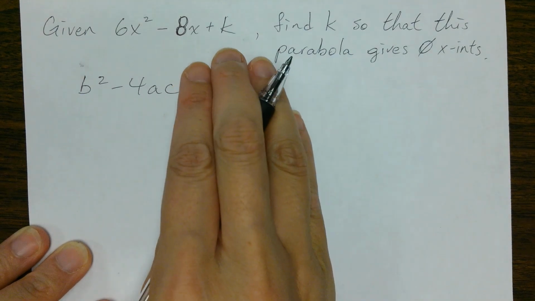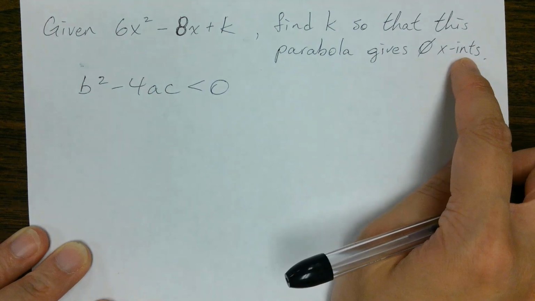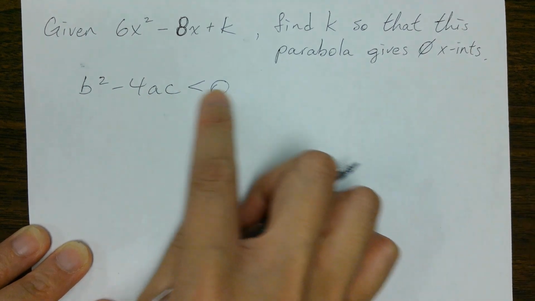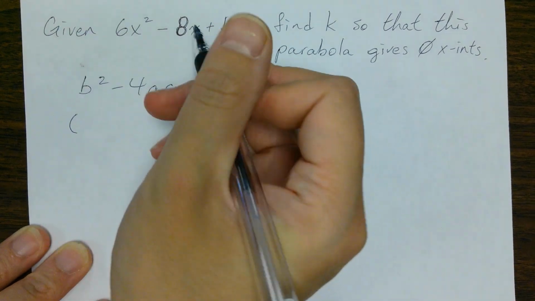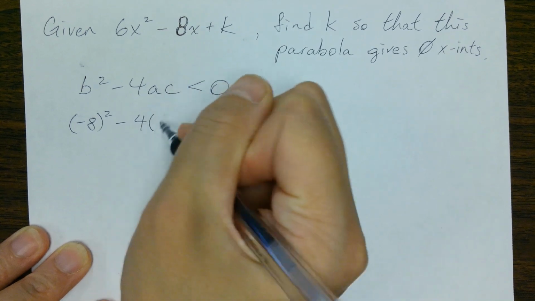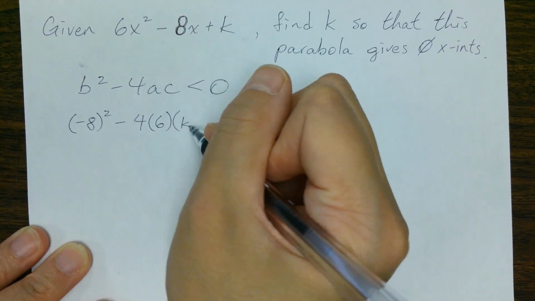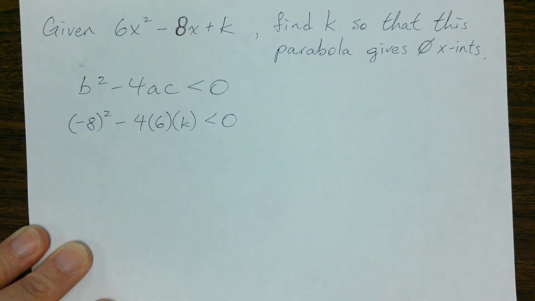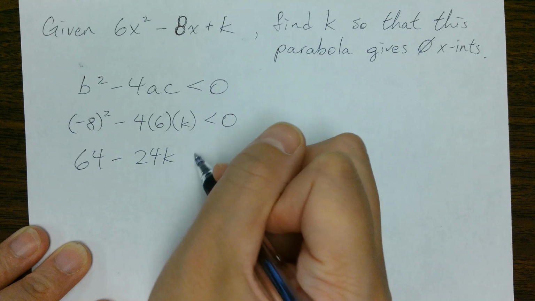So this is part of the quadratic, but if we just want to figure out this part where it gives 0 x-intercepts, we can just use this short way. Okay, so b squared, b is -8, minus 4 times a is 6, c is k. 64 minus 24k.